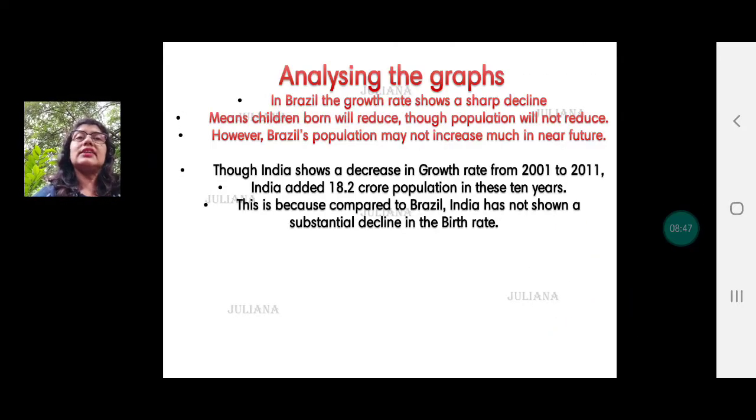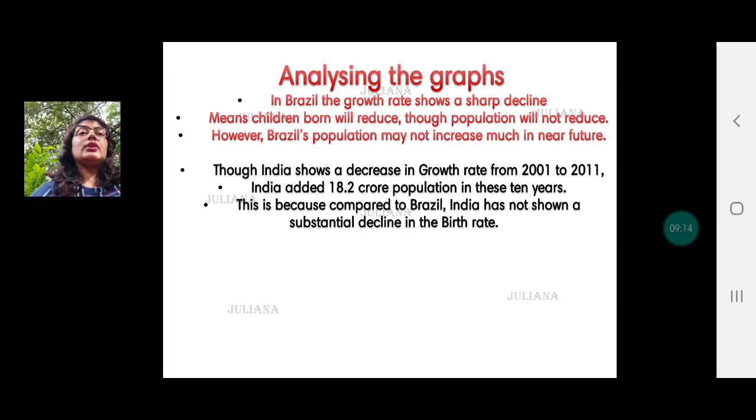So analyzing the graph, in Brazil the growth rate shows a sharp decline, meaning children born will reduce, and therefore we found the number of children in the 0 to 15 age group very less. So population will not reduce, but the growth of population will take a longer time. Therefore Brazil's population may not increase much in the near future.